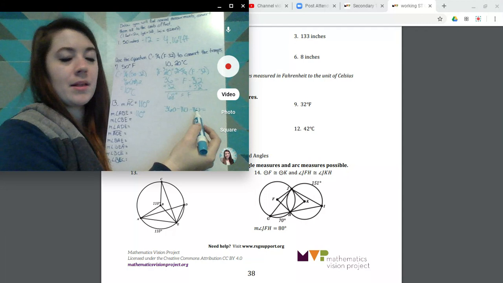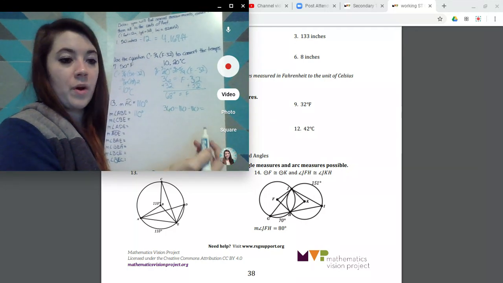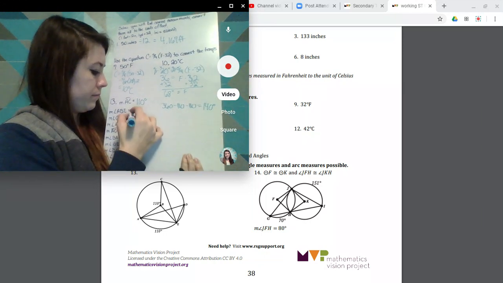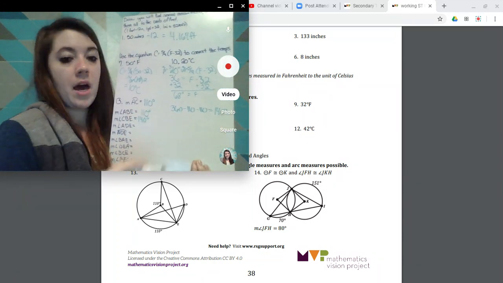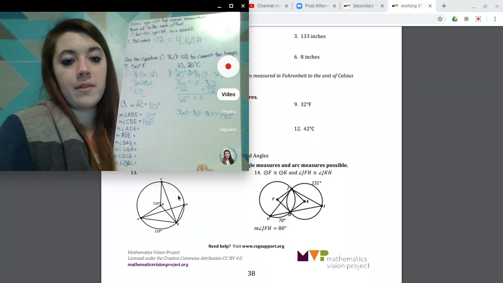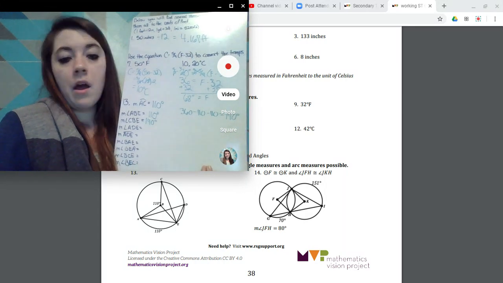Well, 110 plus 110 is 220. 360 minus 220 is 140. So because the angle is the central angle, the arc and the angle are the same degree. So it's 140 degrees. All right.